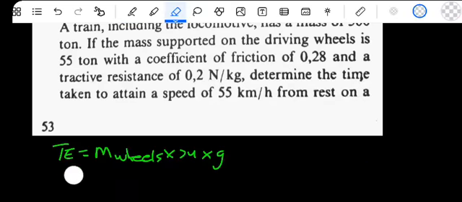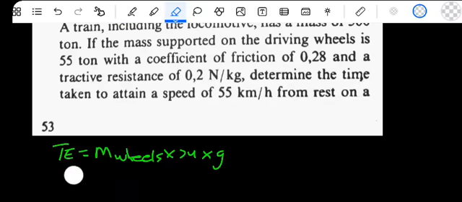The mass on the supported driving wheel is 55 tons, so it will be 55 times 10 to the power of 3, converting tons to kg. Coefficient of friction is 0.28.